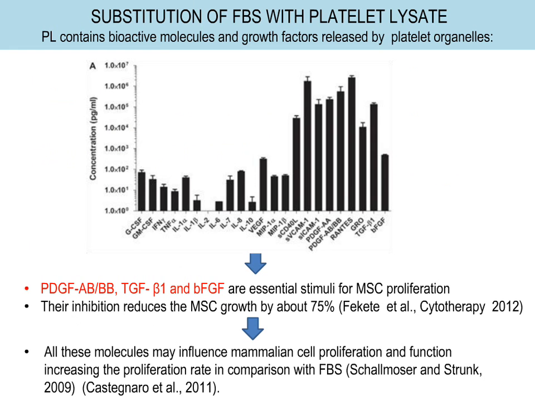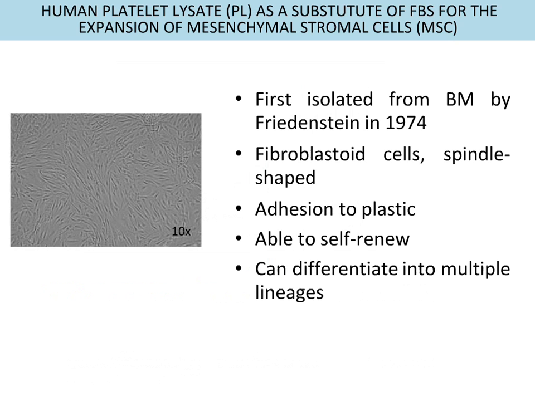Their inhibition reduced MSC growth by about 75%. All these molecules may influence mammalian cell proliferation and function, increasing the proliferation rate in comparison with FBS. So, human platelet lysate can be used to expand mesenchymal stromal cells.